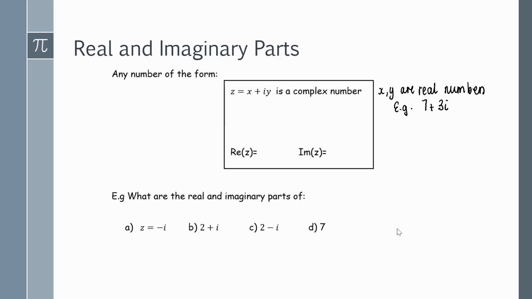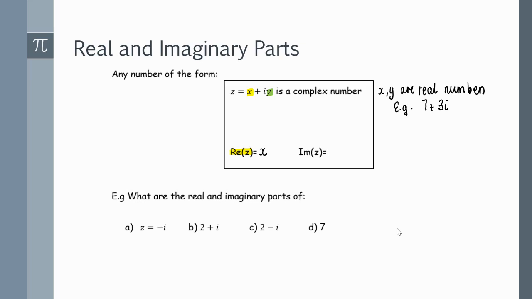The real part of the complex number is always the x part, or simply the constant real number. In the example that I just put, the real part would be 7. We also say the imaginary part of a complex number is the coefficient of i. It does not include i, it is just the coefficient.